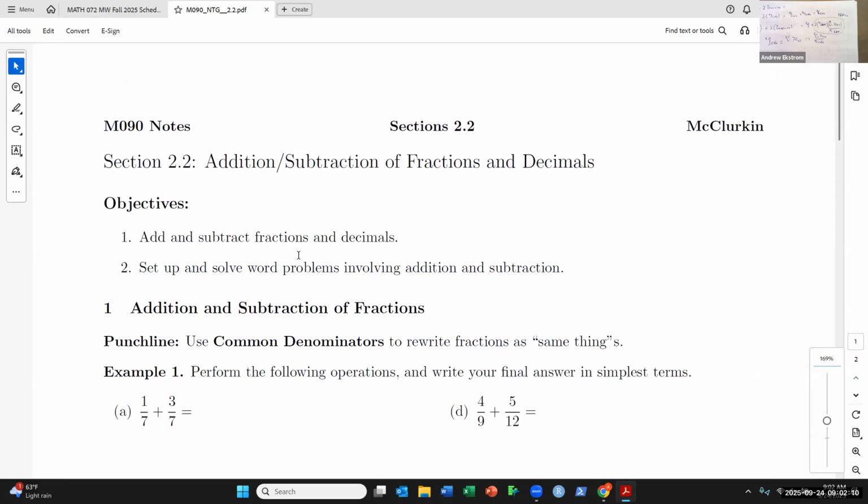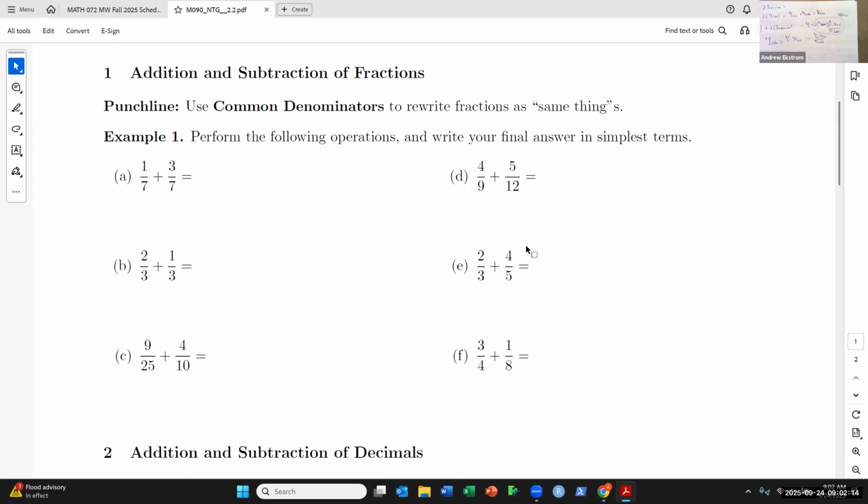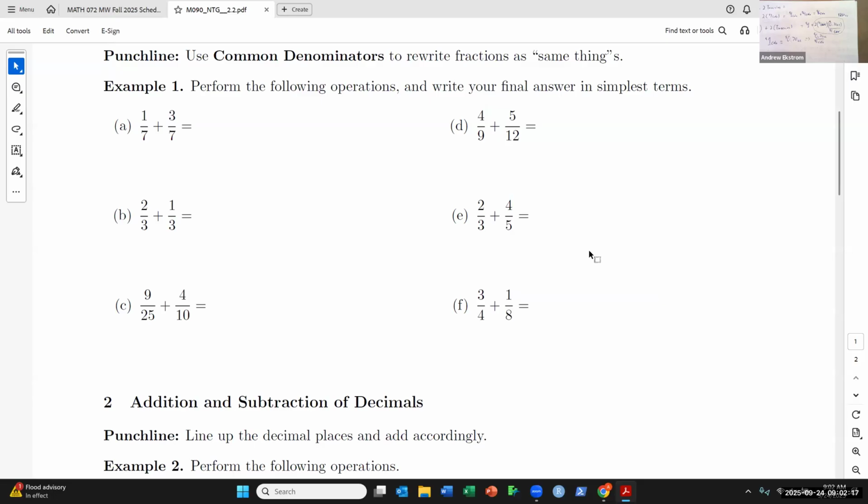I'm looking at these. It says add and subtract fractions and decimals. What do we have to keep in mind when we're adding and subtracting fractions? When we go to look at all these, we need to make sure we have a common denominator. So this works, that works. Not so much here, not so much here, not so much here.